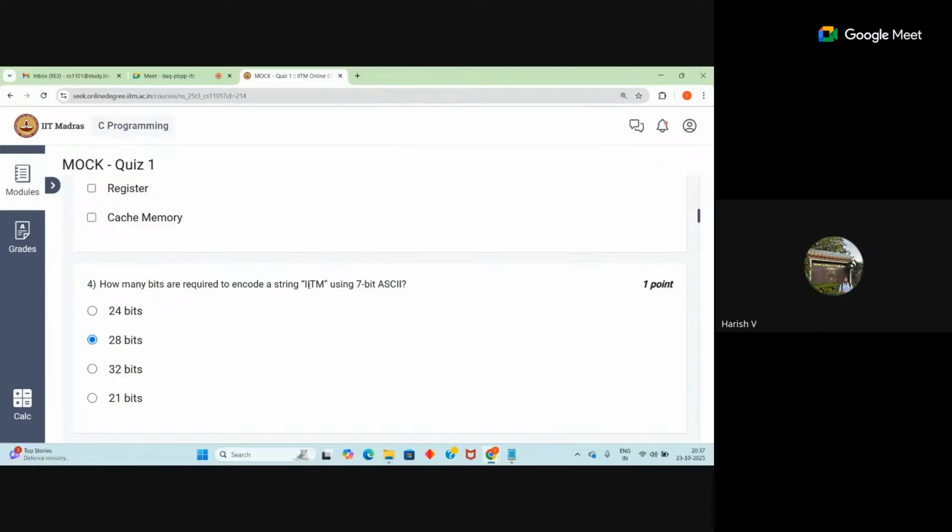Okay, ma'am. If suppose 15-bit, we have to calculate the bytes. Yeah, but generally they will allocate in terms of bytes only, the nearest byte. Maybe some of the bits might be unused. Okay, ma'am. So 15-bit means 2 bytes, nearly 2 bytes. 16 bits means 1 bit is for sign and 15 bits is for data.